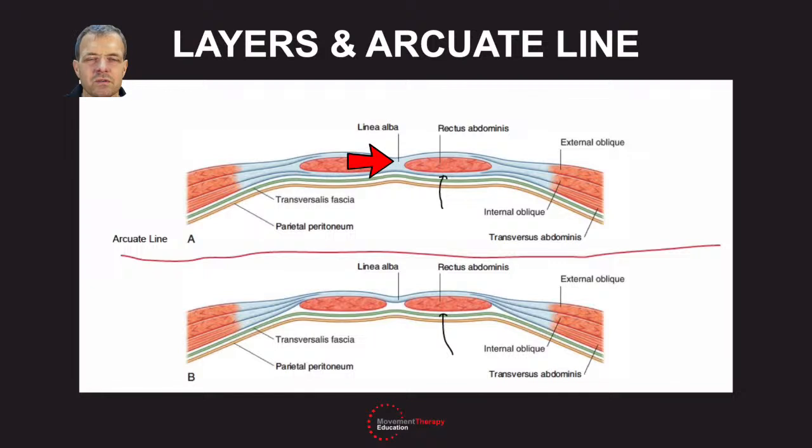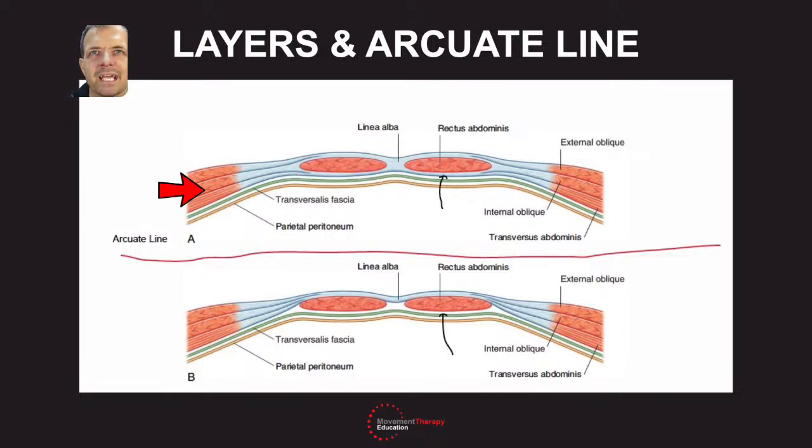This is the dip in the middle of the rectus abdominis wall, and it's called the linea alba, which means white line: linea is line, and alba is white. The linea alba, the white line down the middle, is a piece of connective tissue, like a bit of tendon, from the muscles on the side.